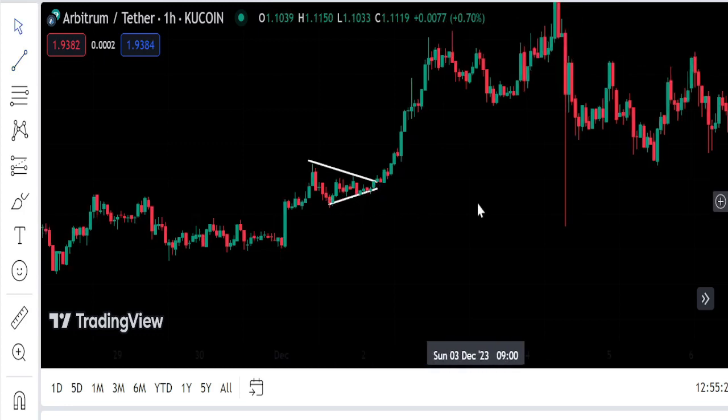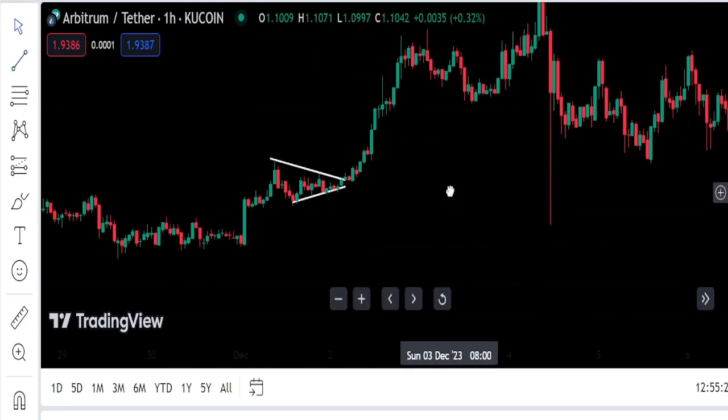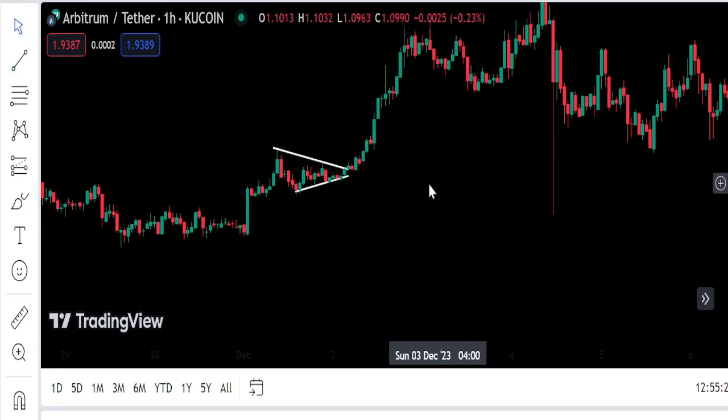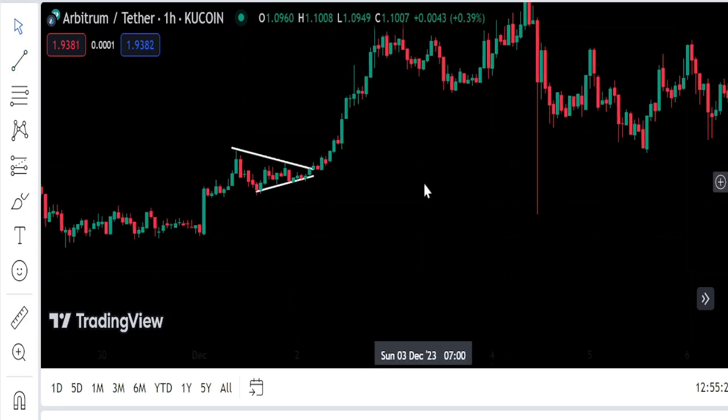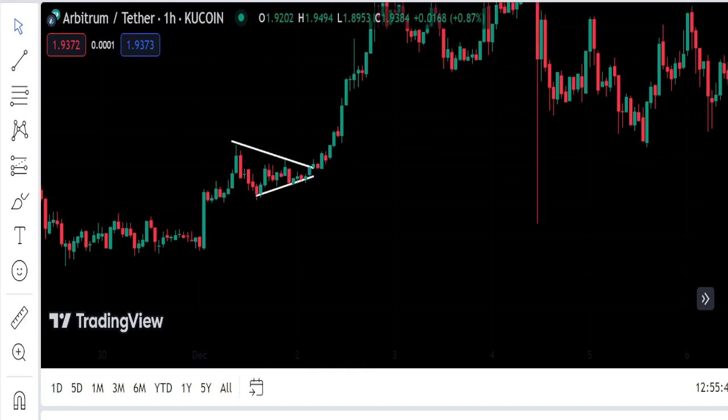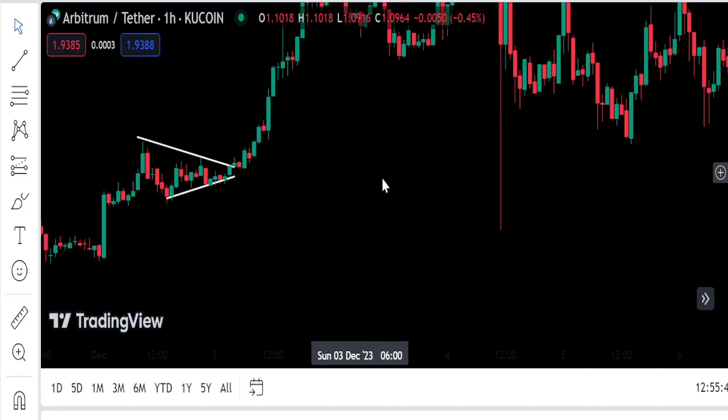Right, so where is our price? So where is our entry? Our entry again is on the breakout of this pennant or on the retest. We already know how to enter the trade.